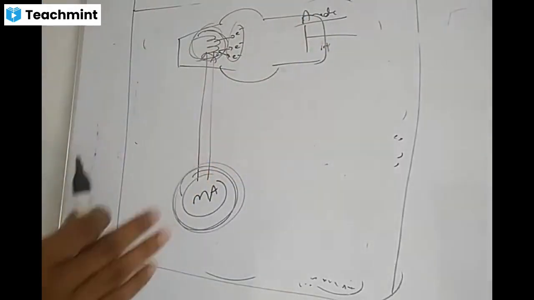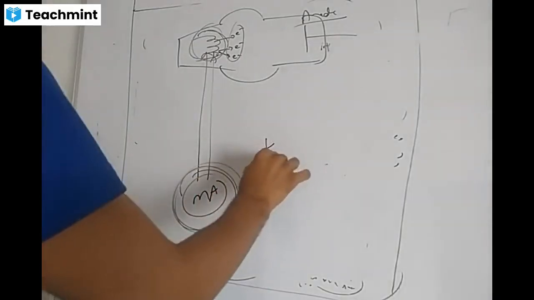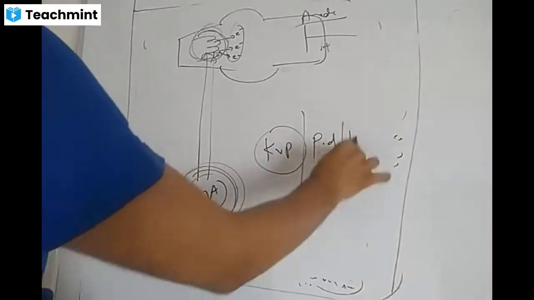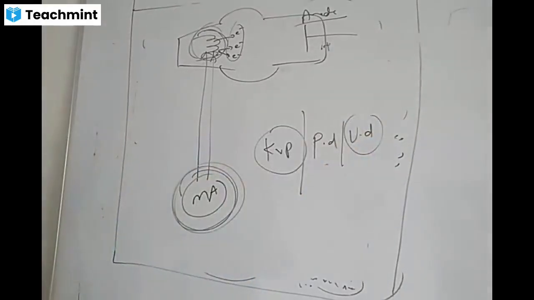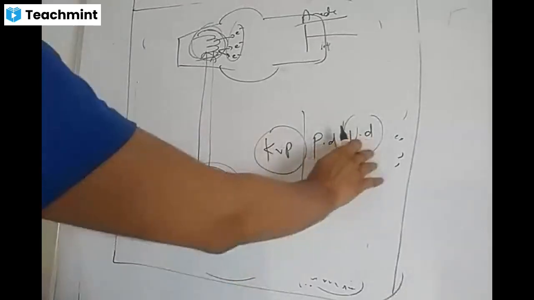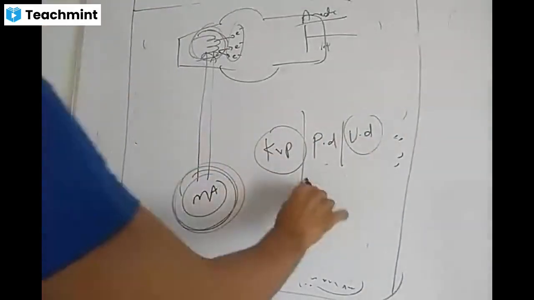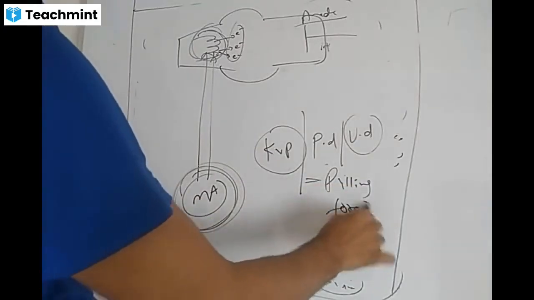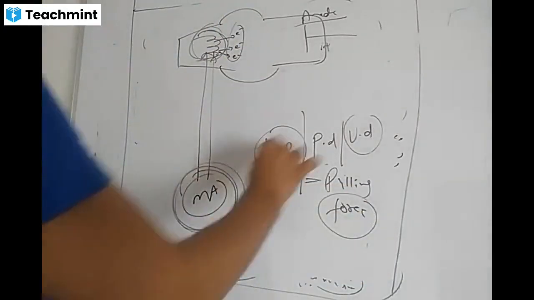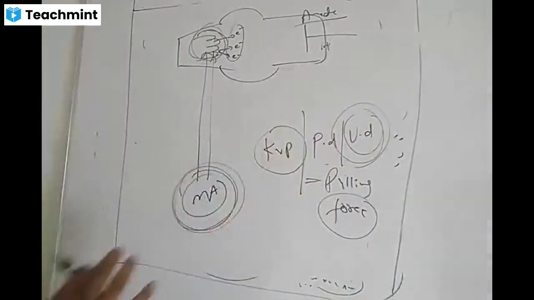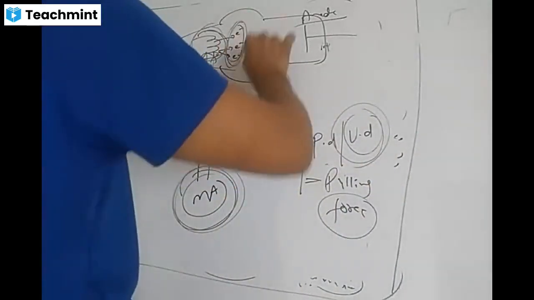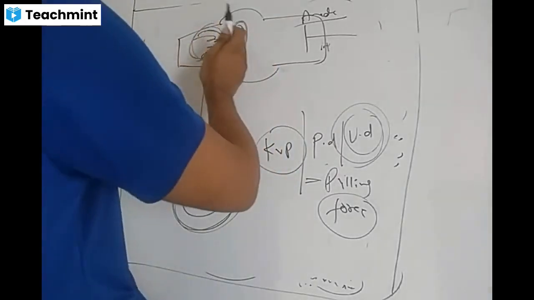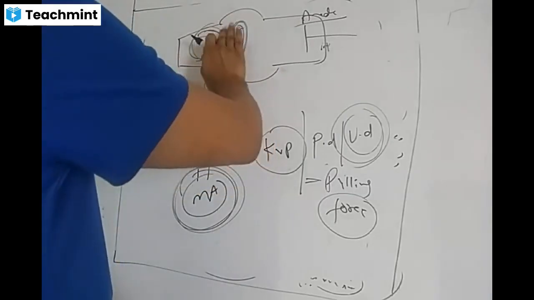The next demand of this tube is kVp. The tube wants potential difference, a voltage difference. This potential difference is nothing but a kind of pulling force. The tube says, if you provide some voltage difference to me, I will give kinetic energy to these electrons, and I will move these electrons from this point to this.